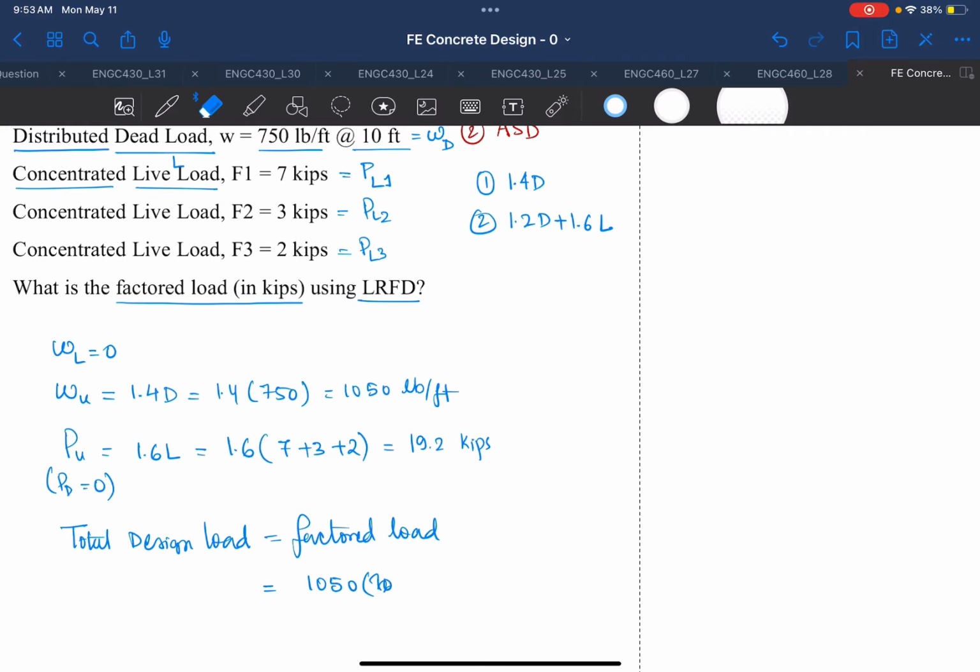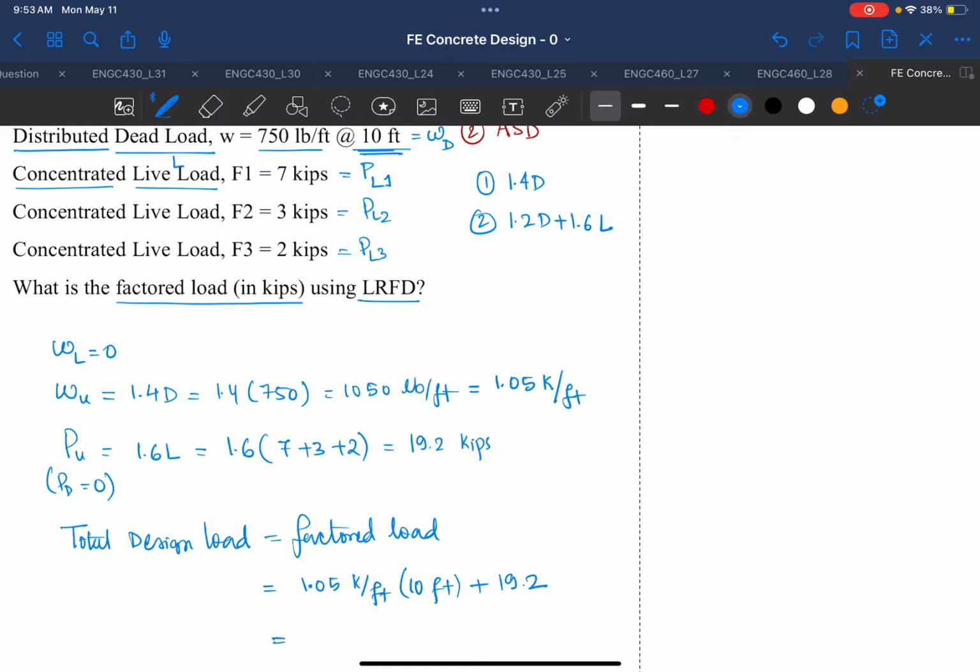Remember that we can change this into 1.05 kips per foot. We have to convert into kips, and the span is given to us, which is 10 feet. So multiply by 10 feet, plus 19.2. In this case, it'll be 29.7 kips. So now our total factored load will be 29.7 kips.